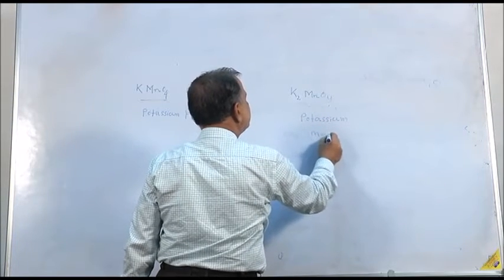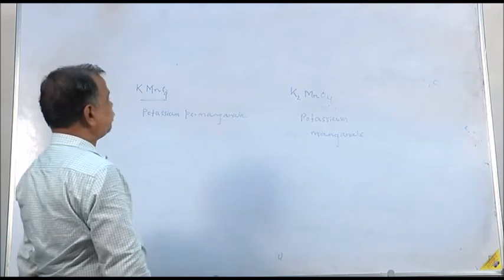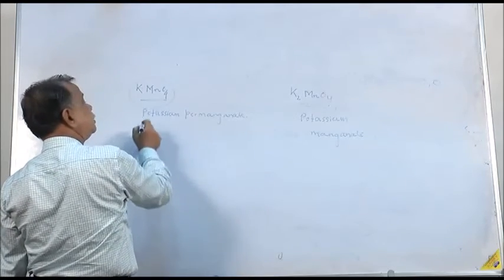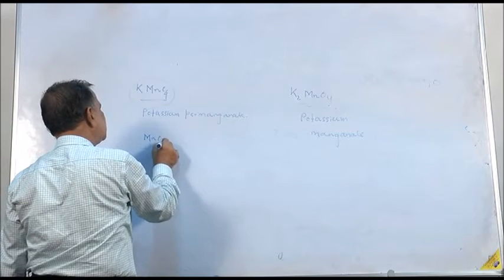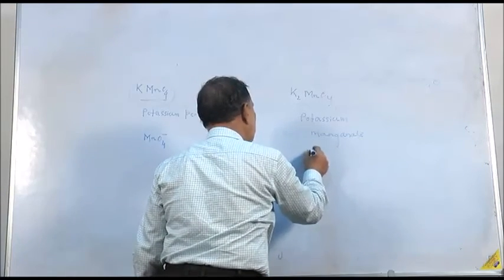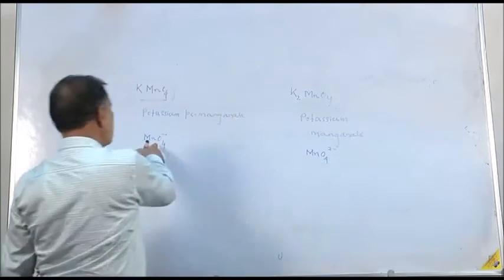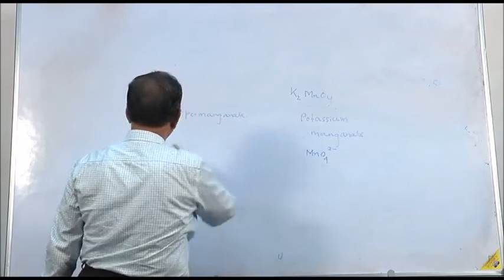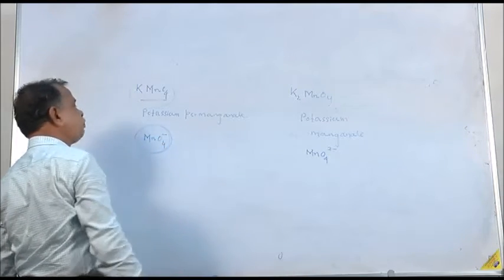To avoid confusion: in potassium permanganate, we write ionically MnO4 minus. In K2MnO4, it is the same MnO4 but with 2 minus. If 1 minus remains, that is permanganate; if 2 minus remains, it is manganate. Our course is given with potassium permanganate.